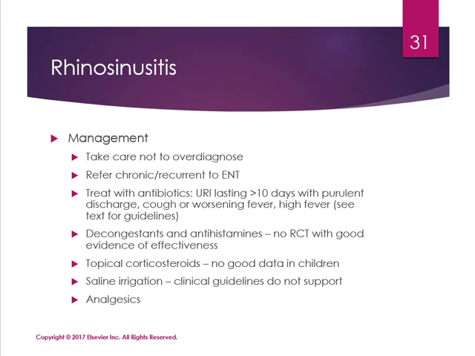Management of rhinosinusitis, it's important not to overdiagnose and to treat based on overdiagnosis. If there's chronic or recurrent issues, then referring to an ENT. So if there's an upper respiratory infection lasting greater than 10 days, if there's purulent discharge, cough, or worsening fever, then those are indications to treat with antibiotics.